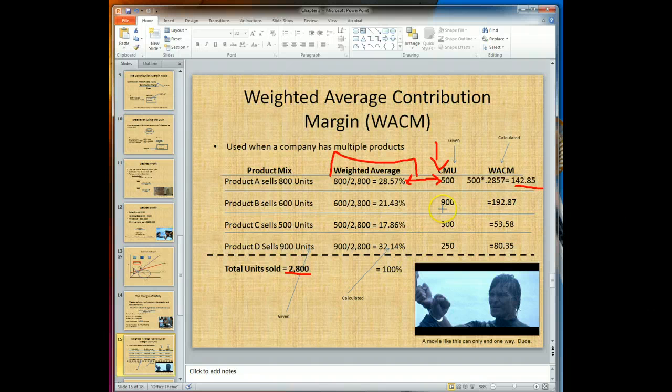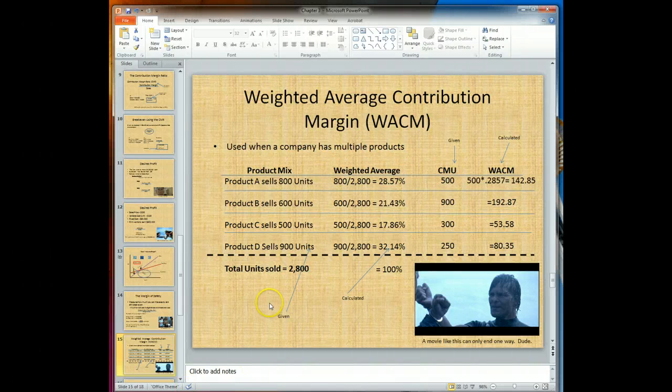This is telling you for that $100 in sales or $1,000 in sales or whatever it is, I guess it'd be for each unit sold, now that I'm thinking about it. Each unit sold, product A would be $142 of contribution margin. $192 would come from product B, $53 would come from product C, and $80 would come from product D for every single product you're selling. That's the weighted average contribution margin.